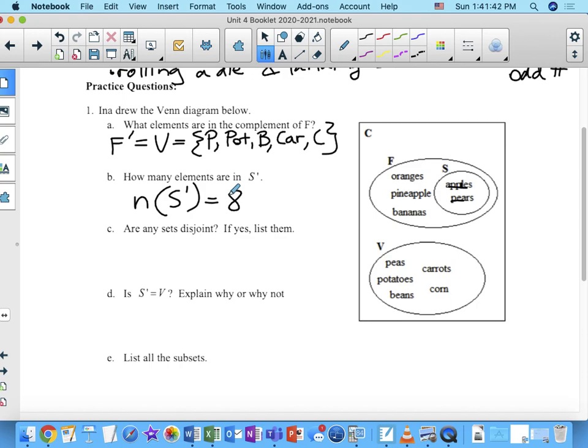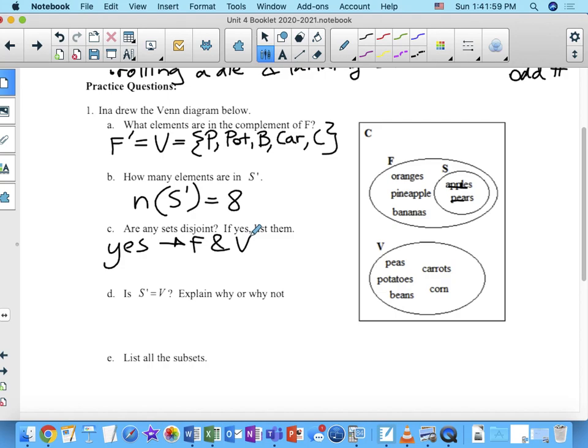Okay. Are there any disjoint sets? If yes, let's list them. Yes. F and V are disjoint. Okay. Is S complement equal to V?